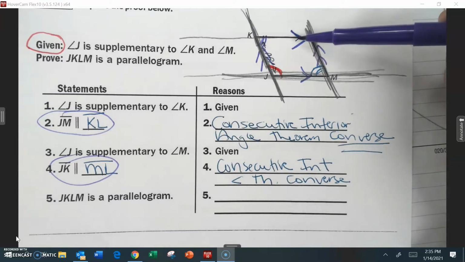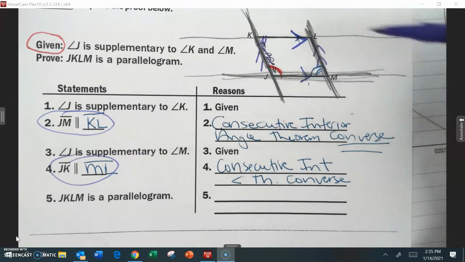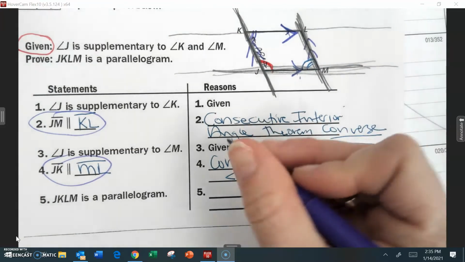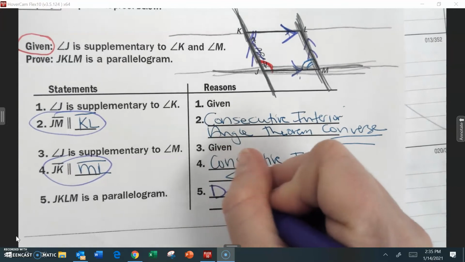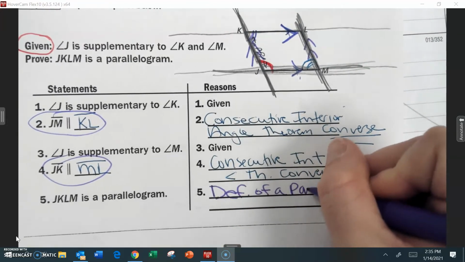Well, if you look at your markings, we marked this pair is parallel and this pair. So that means we marked that both pairs of opposite sides are parallel. And I've been really stressing this to you. What is that? So our reason, you can simply put, is the definition of a parallelogram.